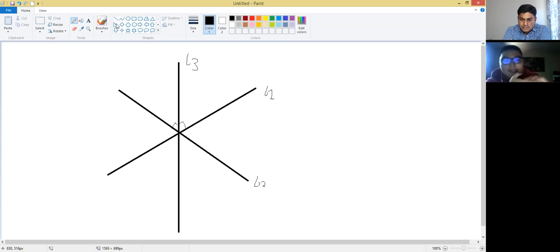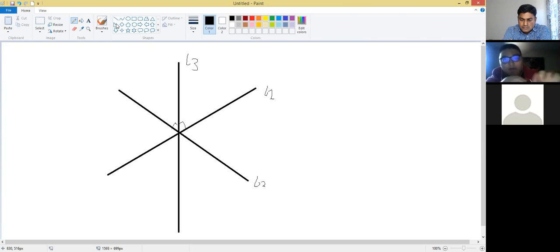So when it says line 3 is perpendicular to the plane of line 1 and line 2, that's true. And you can rotate this graph to make line 2 and line 3 on a plane, and line 1 is perpendicular to this plane. Or you can rotate the graph to make line 1 and line 3 on a plane, and line 2 goes through it.